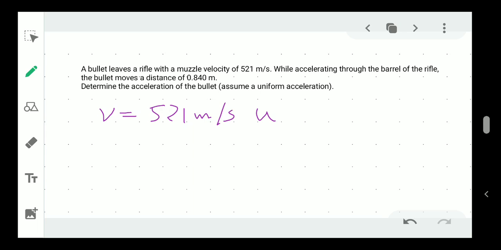The initial velocity is 0 because it has started from 0. The distance it covered while reaching this velocity is 0.84 meter. So again, see, assuming uniform acceleration it is told. So whatever formula we are using is only applicable for uniform acceleration.